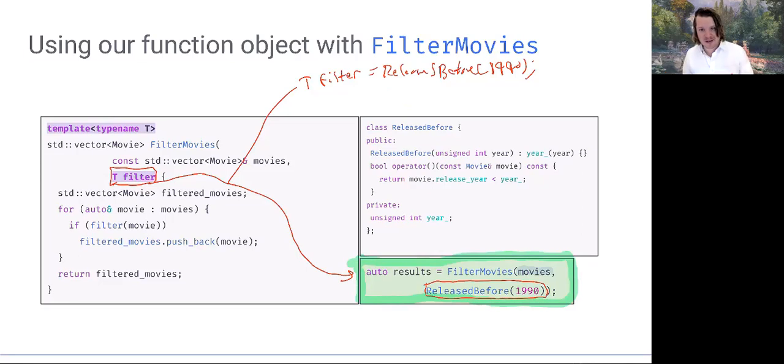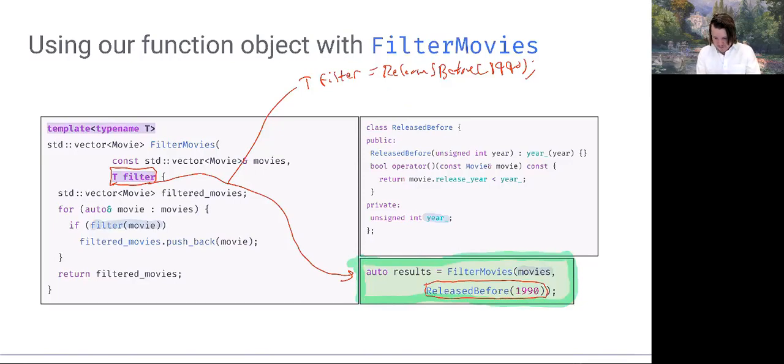Okay, cool thing at this point is now when we hit this statement, filter movie. So what is filter? Filter is a release before object. It's already been constructed, and when it was constructed, its private data member year was initialized with 1990.